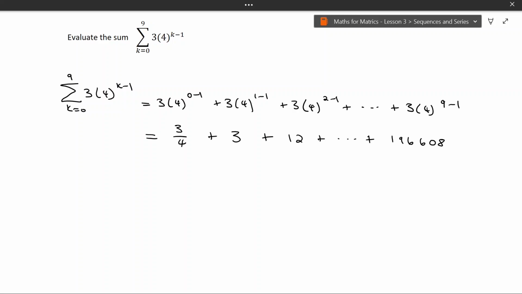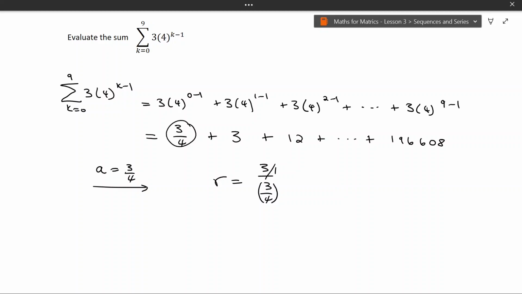Now, looking at the series, 3 over 4 is the first term. Therefore, A is equal to 3 over 4. R is equal to T2 divided by T1, which is 3 divided by 3 over 4. Any number has an invisible denominator of 1, so we can write 3 as 3 over 1.